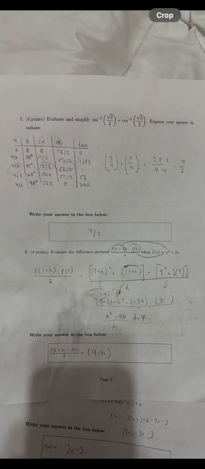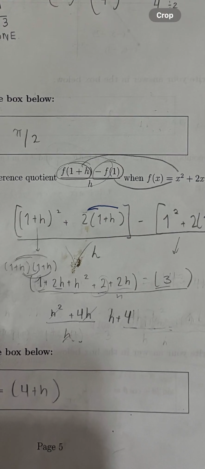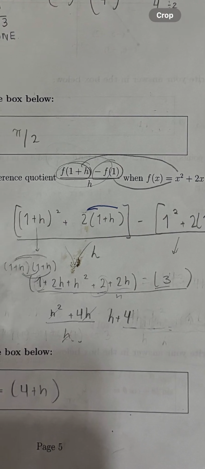Evaluate the difference quotient. We have the numerator f of 1 plus h minus f of 1, all over h, when f of x equals x squared plus 2x. For this, we must plug in the first value, which is 1 plus h, into both x squared and 2x.